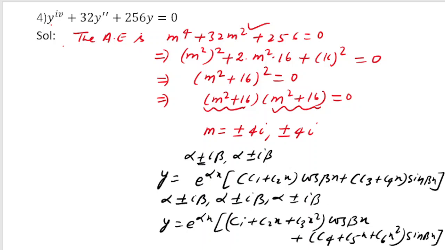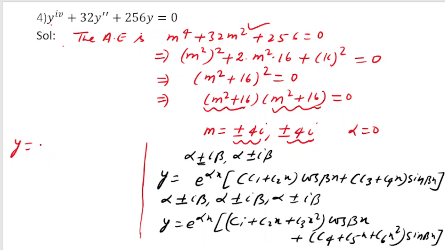So in this problem we have two pairs of imaginary roots, ±4i and ±4i. There is no space at the bottom, so I am writing the solution here. The general solution will be given by α = 0, because 0 ± 4i, 0 ± 4i.